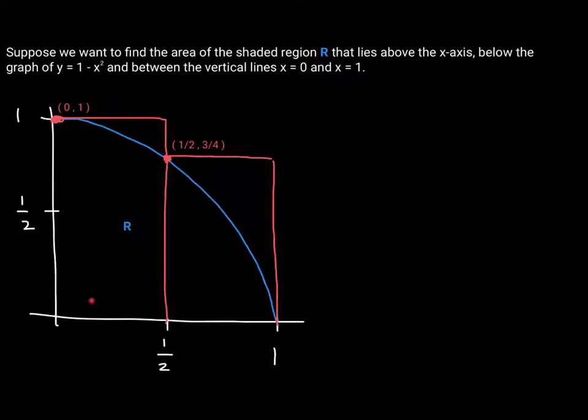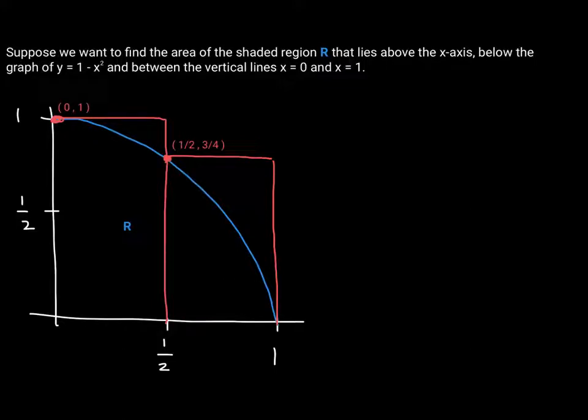Notice that the height of each of these rectangles is the maximum value of the function in each subinterval. So in this subinterval from 0 to 1/2, the maximum value of the function is 1. So that's going to be the height of this rectangle. Now, in this subinterval between 1/2 and 1, the maximum value is located here at 1/2, and the maximum value is 3/4. So 3/4 is the height of this rectangle.